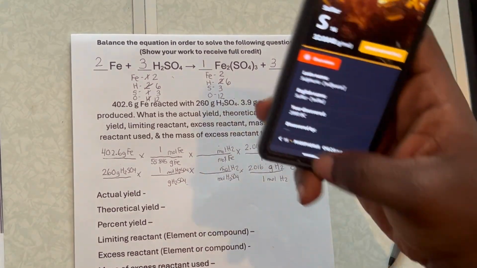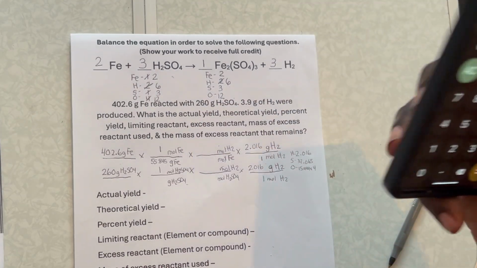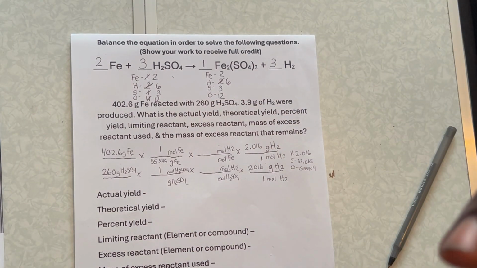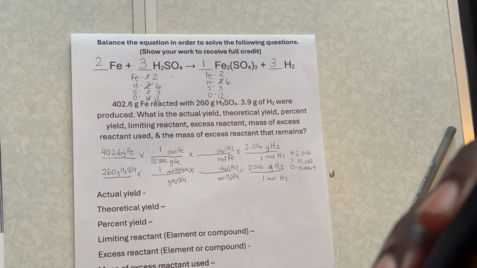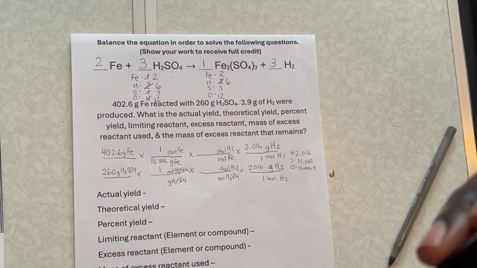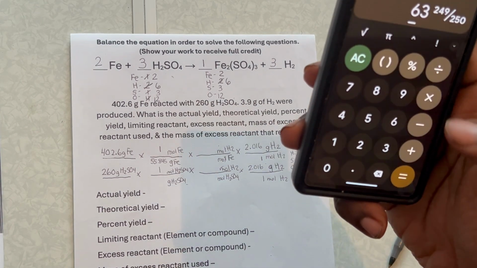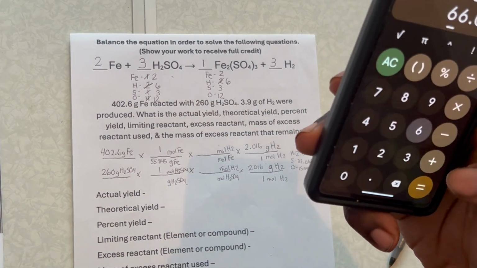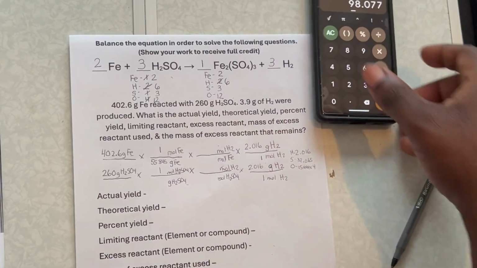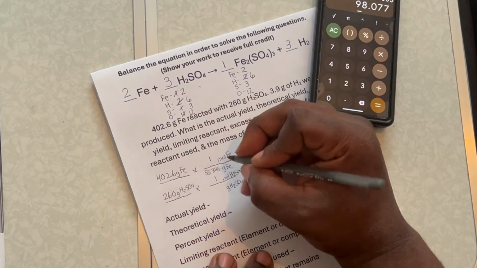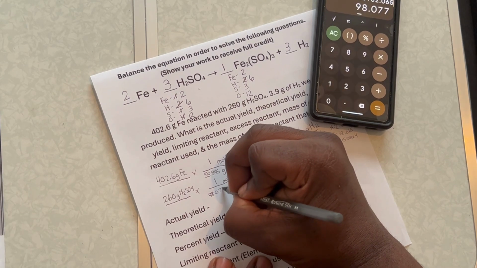You add all that up: 2.016 plus 63.996 plus 32.065, and you get 98.077. So that's my molar mass for sulfuric acid, 98.077.